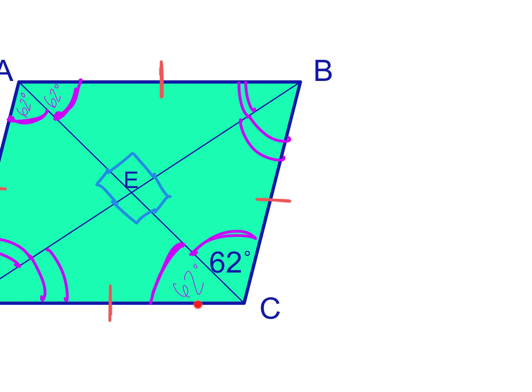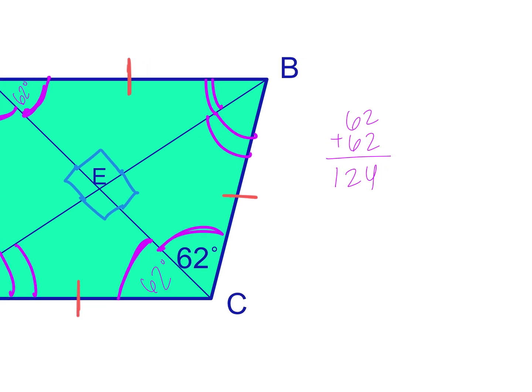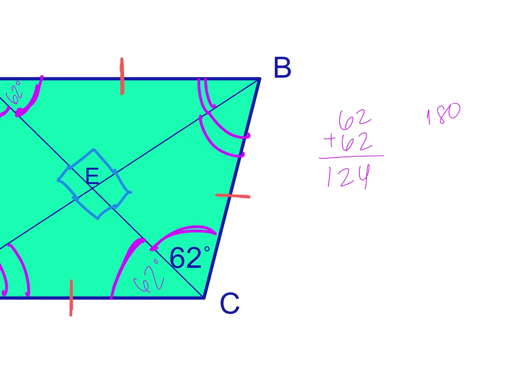So first I have to add 62 plus 62, which gives me 124. Now I can take 180 minus 124, what are you going to get? 56. So 56 is left over.